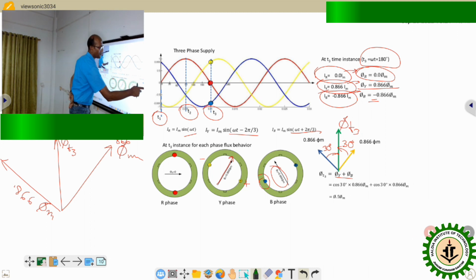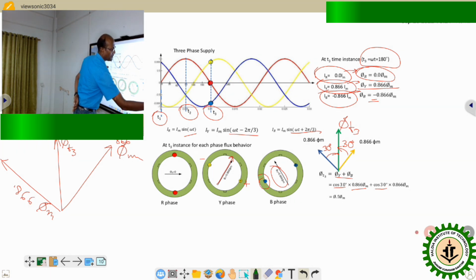So the Y phase flux contribution towards that direction is cos 30 degree times this magnitude, and similarly the B phase is also cos 30 degree times the magnitude. If you add all of them, we get 1.5 times phi m.